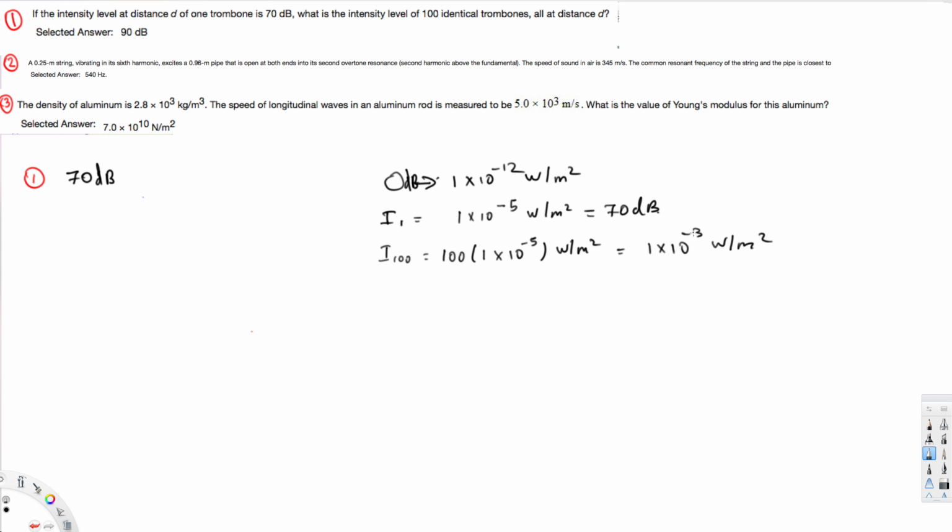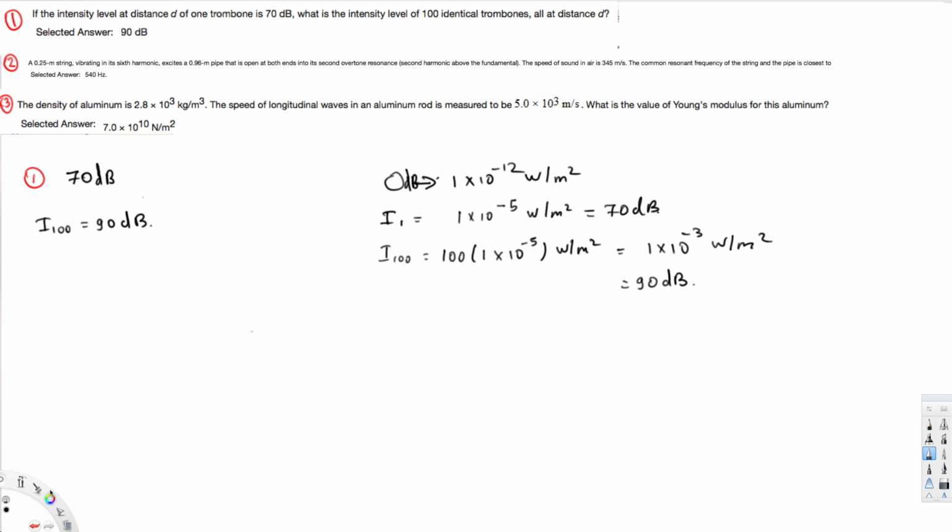The power is increased by 2, and each power increase means the decibels increase by 10, so it's increased by 20. Here we are going to have 90 decibels, and that is the answer for the first question. Therefore I100 is equal to 90 decibels.